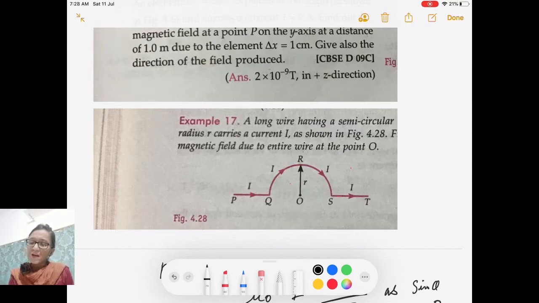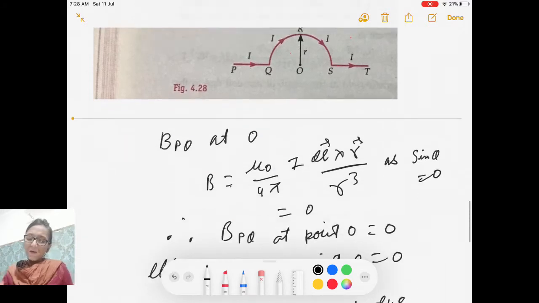But there is one more way, for a circular current carrying conductor. Place the curl of your fingers along the direction of current. So when you place the curl of your fingers along the direction of current, your thumb is going inward.